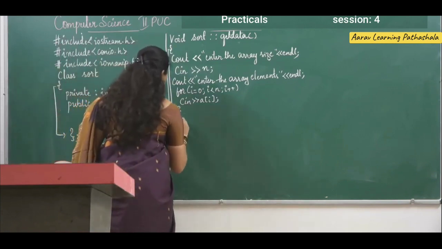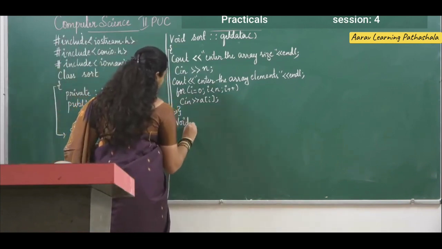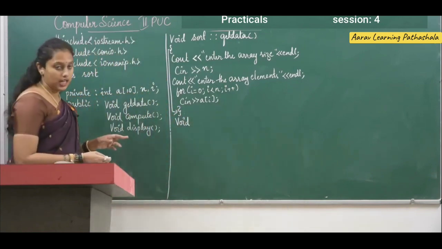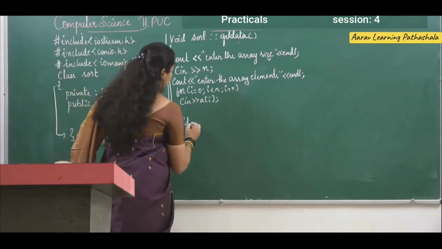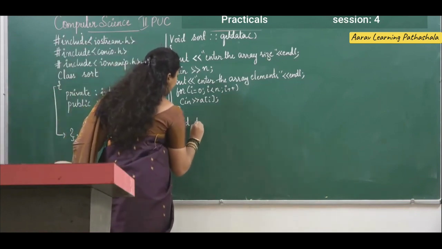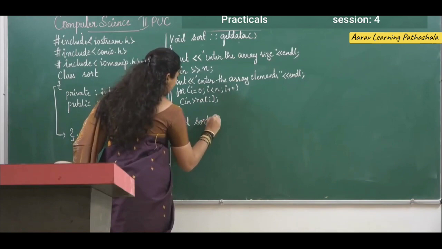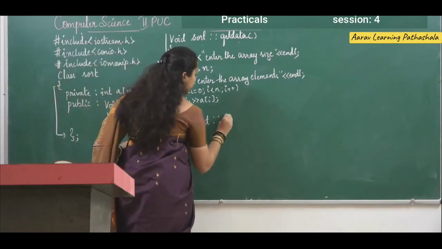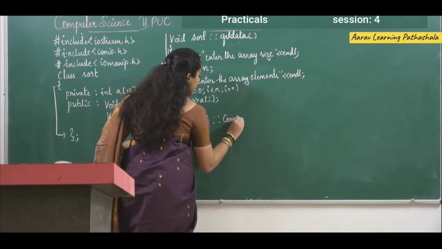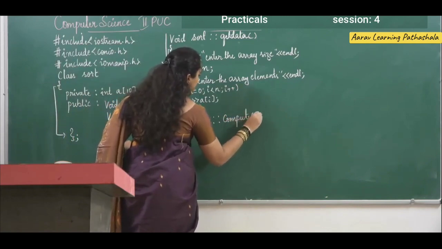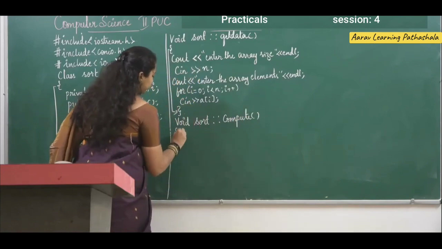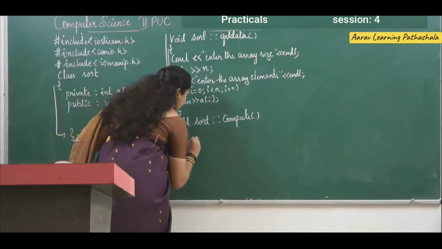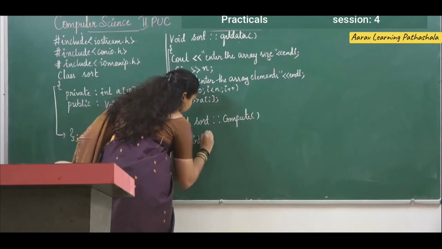Next function is the compute function. We are defining the function outside the class. First we have to mention the return type followed by the class name, that is sort, then the scope resolution operator, then the function name. The function name is compute. Here I am declaring the variables, that is int temp and j.